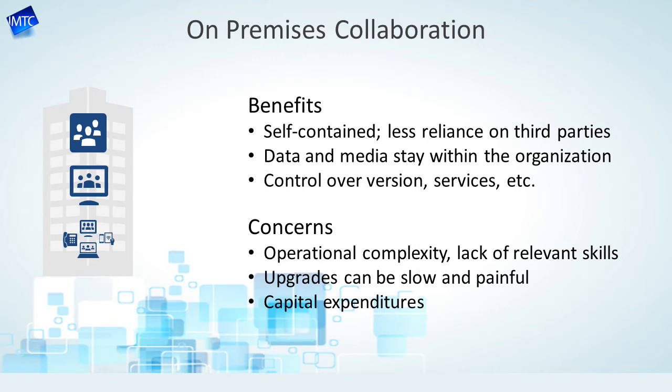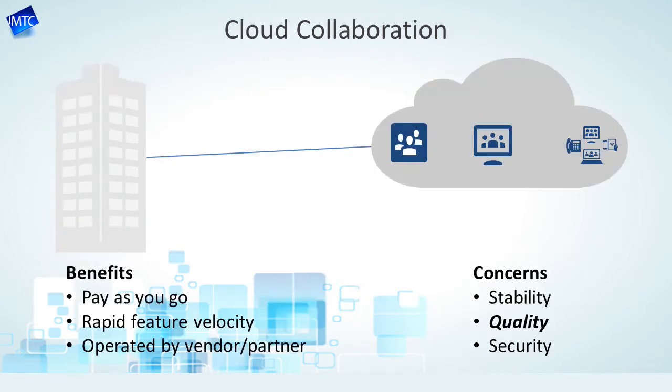Now, if we move on to the next slide and we talk about some of the concerns and benefits with cloud collaboration, obviously what everybody wants is to have the best of both worlds, right? They want to get rid of the concerns and yet have the benefits of cloud and on-prem, the best of both. So some of the concerns that we see a lot of customers have with cloud offerings are stability, quality, and security.